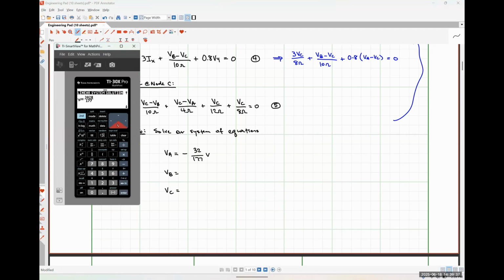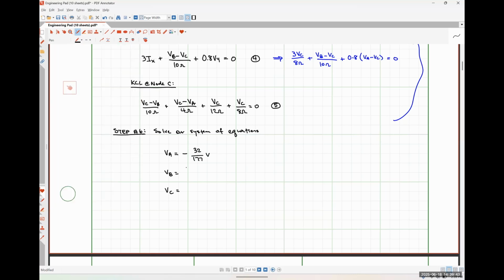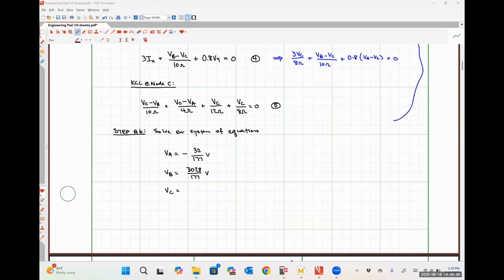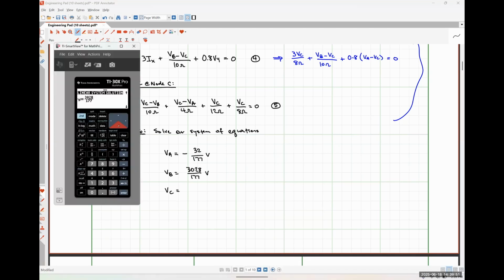For my second variable, which is VB, I have 3028 over 177. And for my third variable, which is VC, I have 176 over 59.